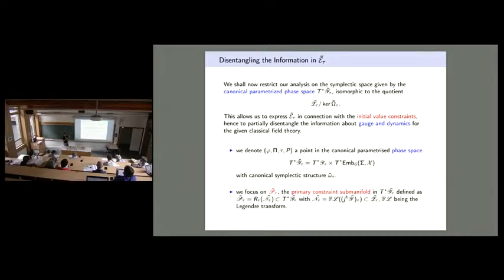It's a very beautiful object because it encodes both the gauge symmetry and the initial value problem information. Inside this huge object, which is the momentum map, there is information about the generator of the dynamics of the fields, but also information about the generator of the gauge symmetry for the fields.